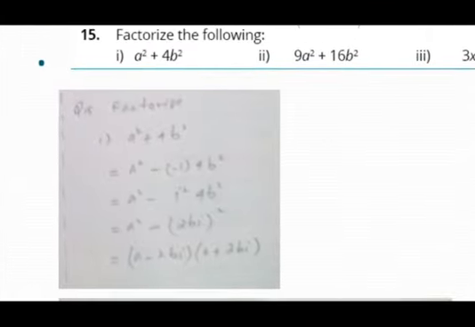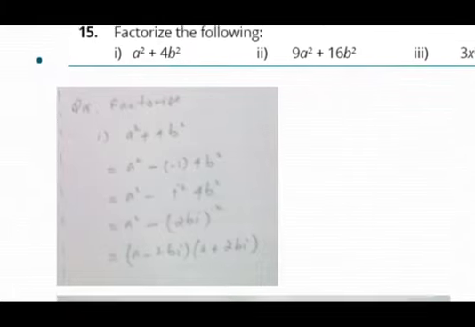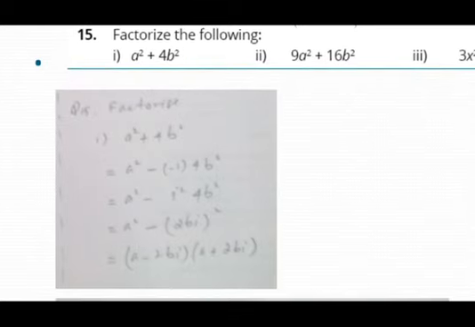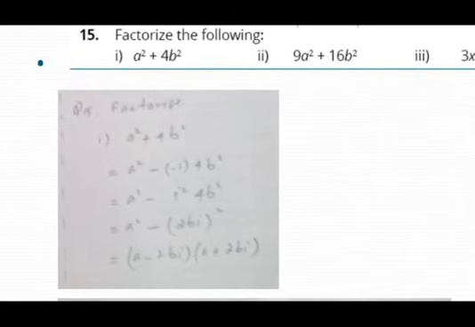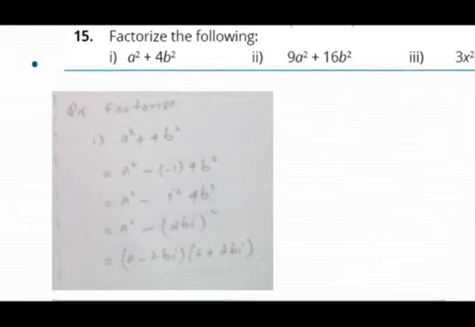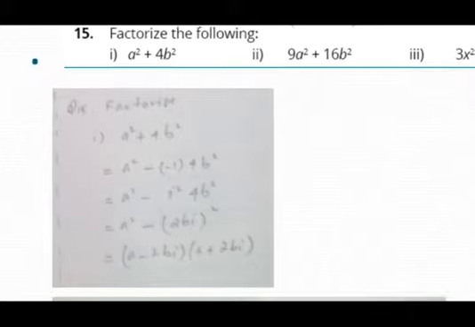Now factorize. This is a tricky a square plus 4b square. We factorize to make a minus between them. You will write a minus and also write in product form minus 1, because minus multiplied by minus becomes plus.